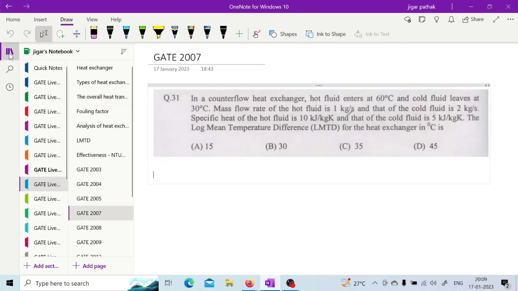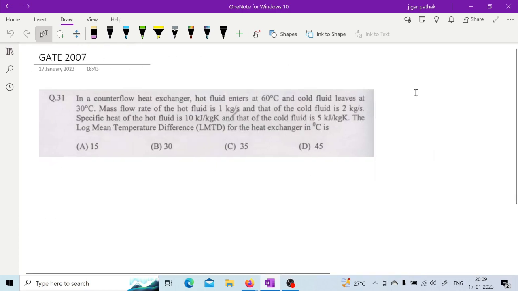So let us go to the next one. Here in a counter flow heat exchanger, hot fluid enters at 60 degree and cold fluid leaves at 30 degree. Mass flow rate of hot fluid is 1 kg per second and that of the cold fluid is 2 kg per second. The specific heat of hot fluid is 10 kilojoule per kgK and that of the cold fluid is 5 kilojoule per kgK.